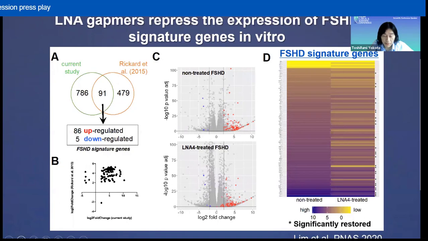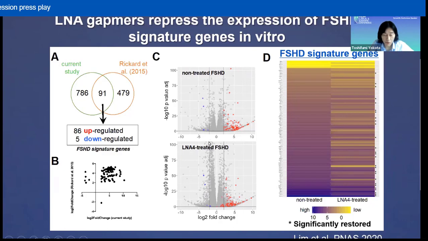Okay, so this is a bit of a complicated slide, but what this slide wants to say is, before treatment, in non-treated FSHD patients, many genes are upregulated. These are all red dots on the right side of the slide. And some genes are downregulated. These are blue dots in this slide.